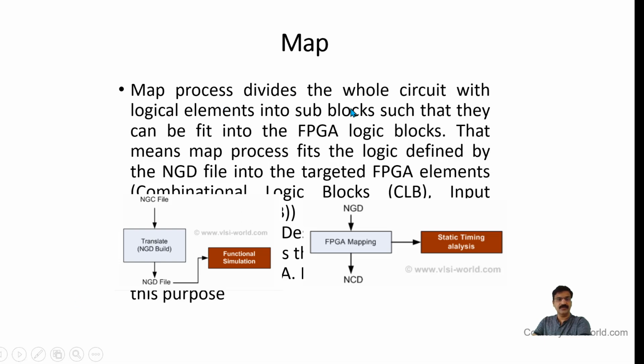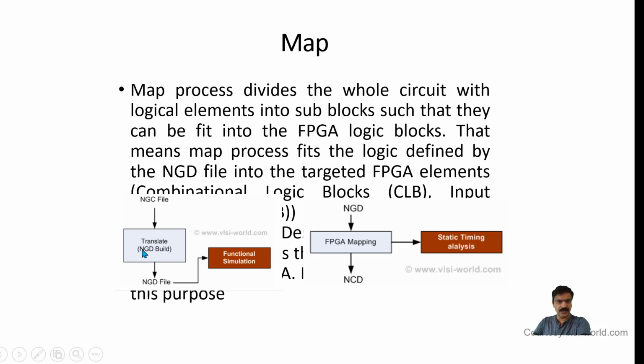Mapping. The map process divides the whole circuit into logical elements and sub-blocks such that they can fit onto FPGA logic blocks. That means the map process fits the logic defined by the NGD file into the targeted FPGA elements, a combination of CLBs and IOBs.